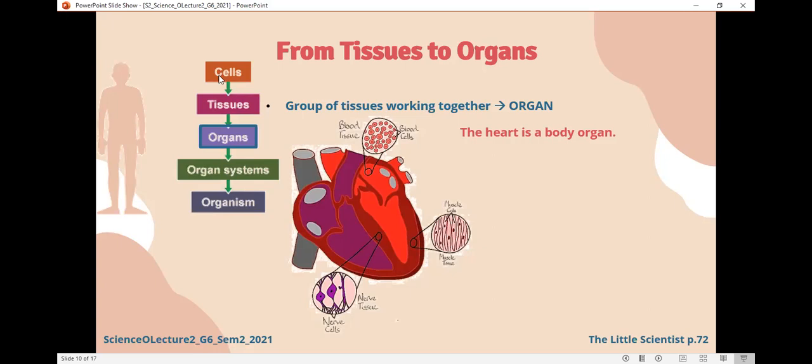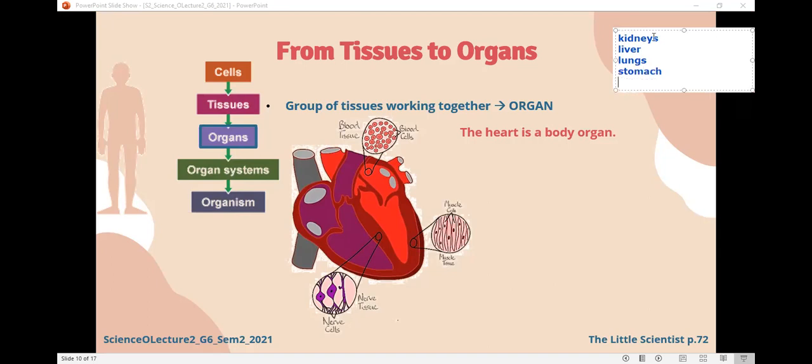Liver, heart, kidneys, stomach, lungs, eyes, large intestine, ears, nose, mouth.